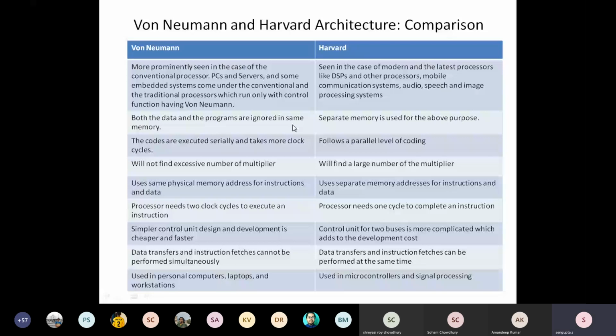Serial access takes more clock cycles. Harvard follows a parallel level of execution, so you can access these things in parallel.